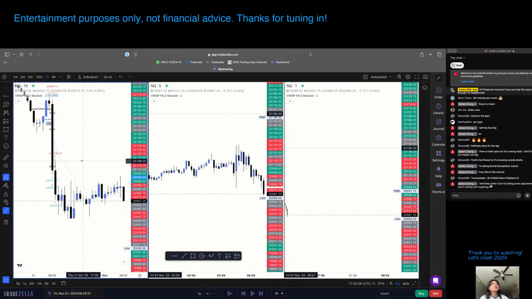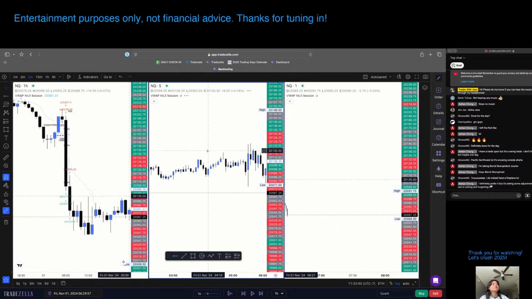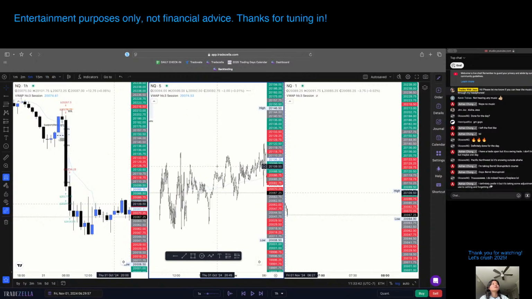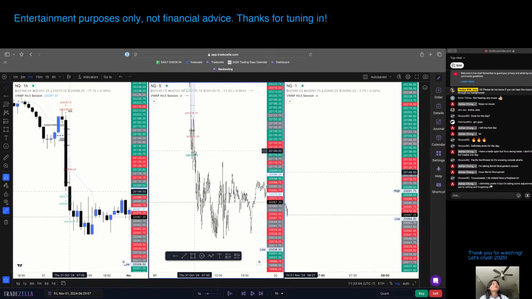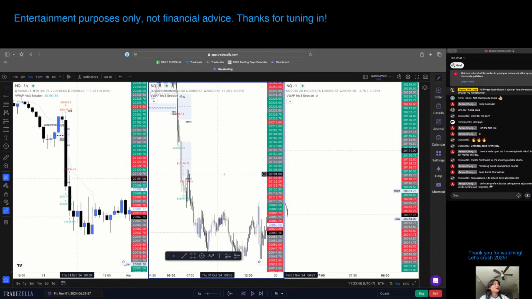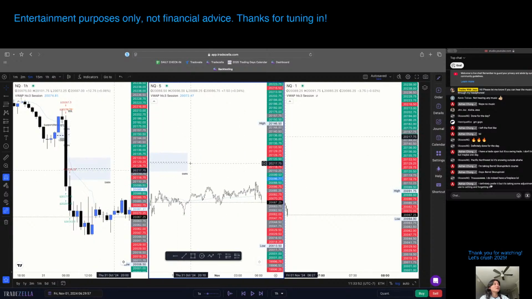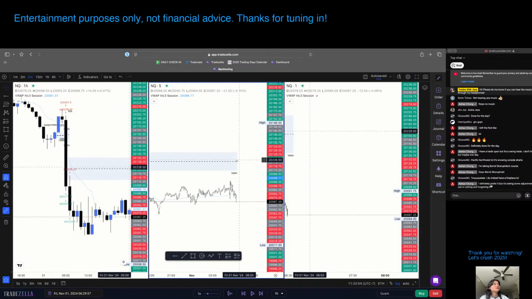And this. So this whole 1 hour right here has been created. That's a huge imbalance. Let's look at the 5, and we haven't even came back into any of them. So it would be enticing to want to target these areas, to be fair.